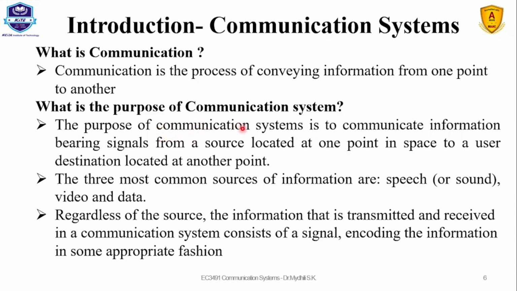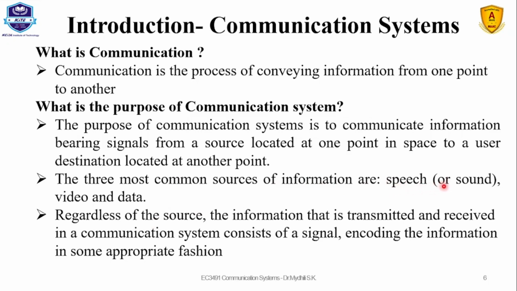So this is the purpose of a communication system, that is, to communicate information-bearing signals from the source located at one end to the user located at the other end. The three most common sources of information are audio, video and data. What I am speaking now is in analog format.